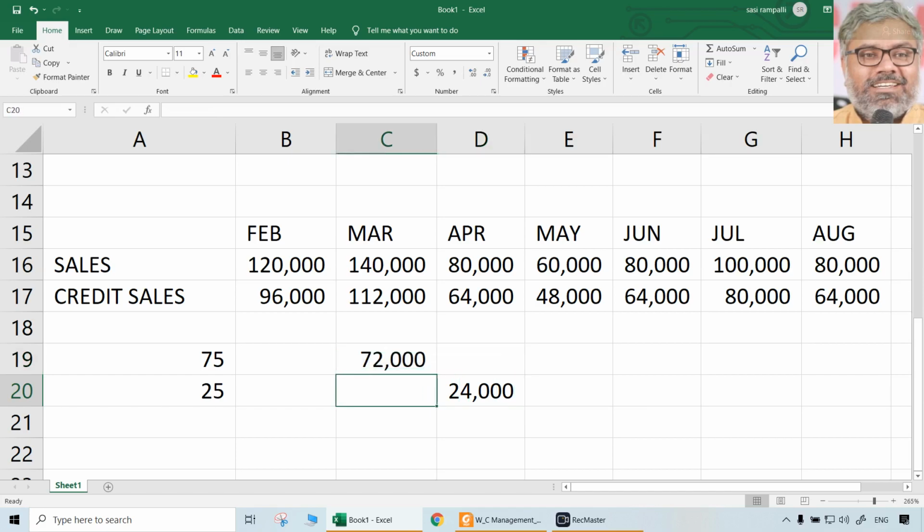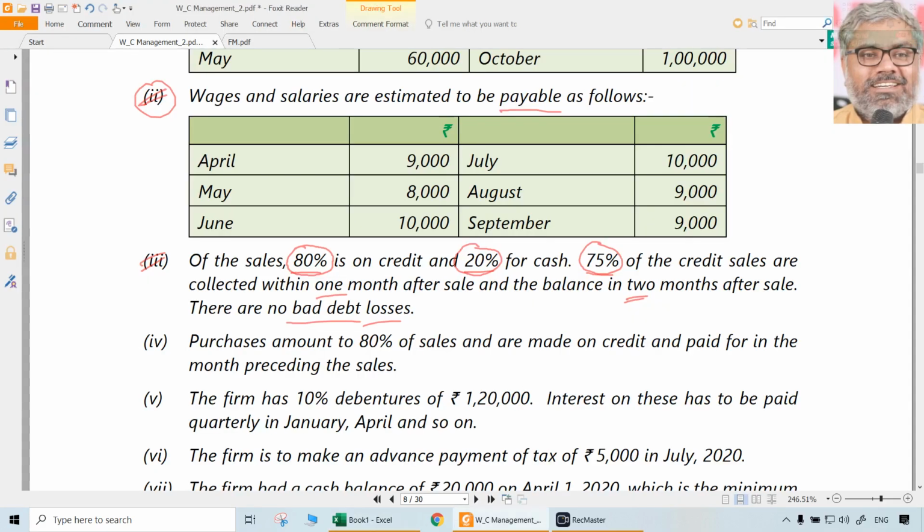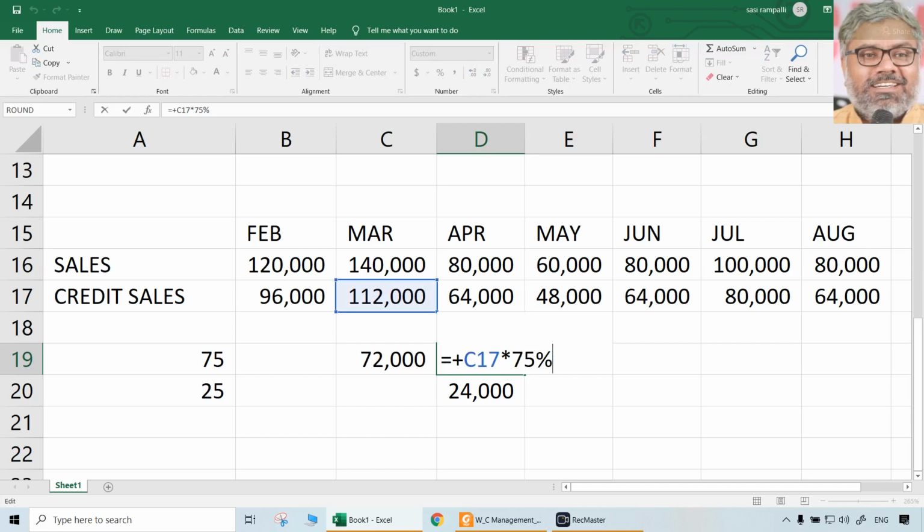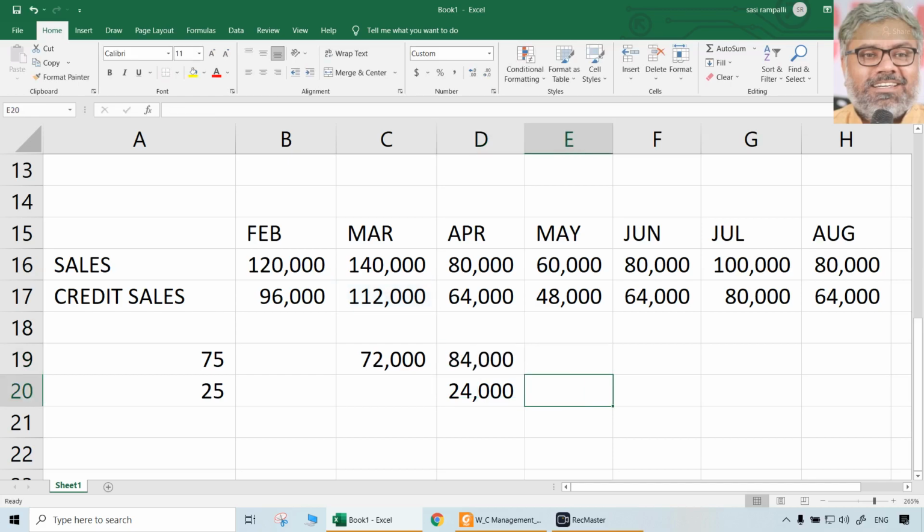So credit sales of February collection, 75% will happen next month, that is March. 25% will happen the next after the month, that is April. Like that, for others also you have to do. Like that, for March, 75% will be collected in April and 25% will be collected in May.